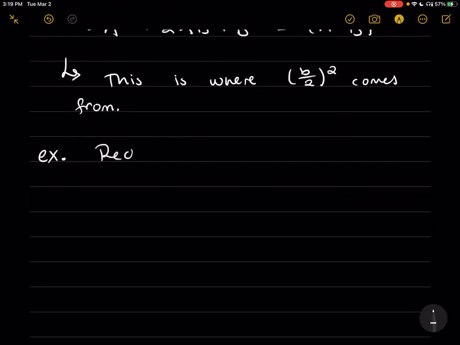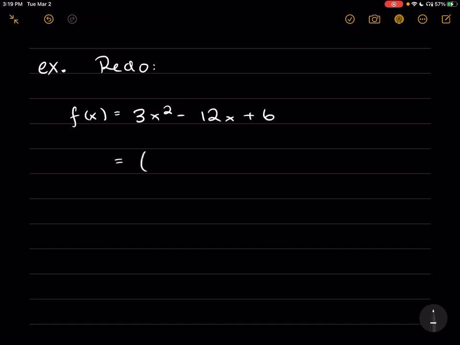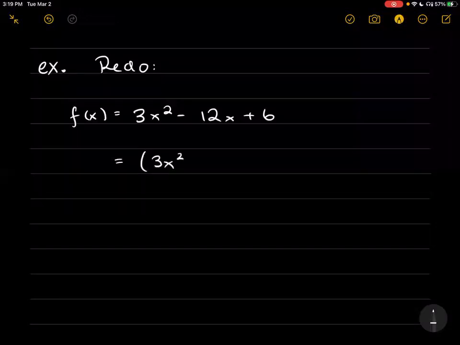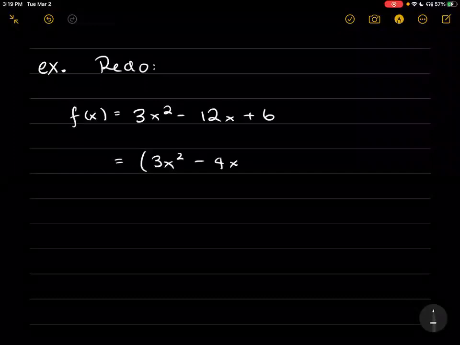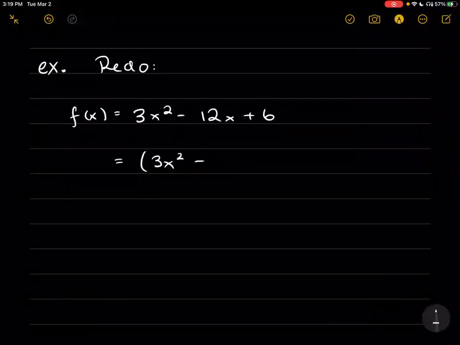So let's redo this. We have f of x, and in that video we had 3x squared minus 12x plus 6. First off, I'm going to group the first two terms together. Oops, sorry, getting a little ahead of myself. That should be a 12x plus 6.